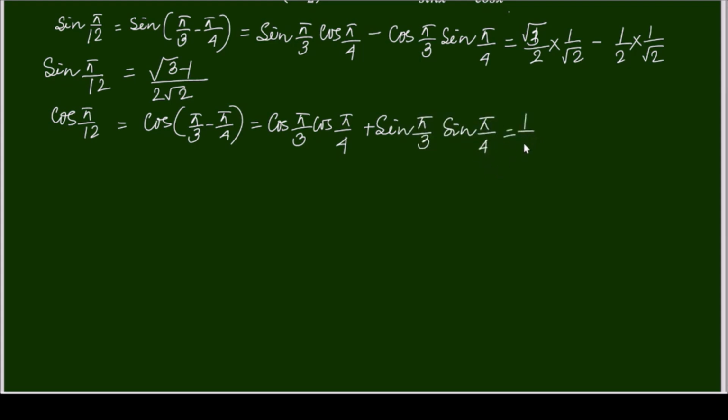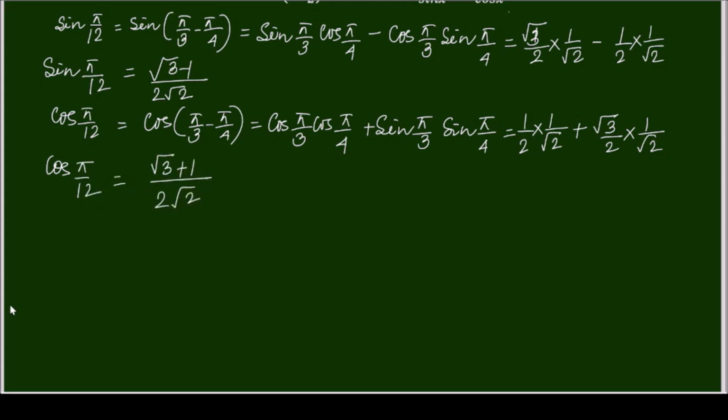That will be 1 by 2 into 1 over root 2 plus root 3 by 2 multiplied by 1 over root 2. So cos pi by 12 equals square root 3 plus 1 over 2 root 2.